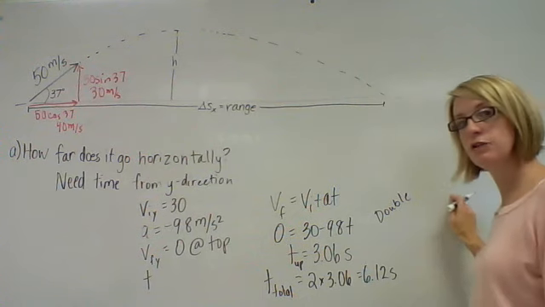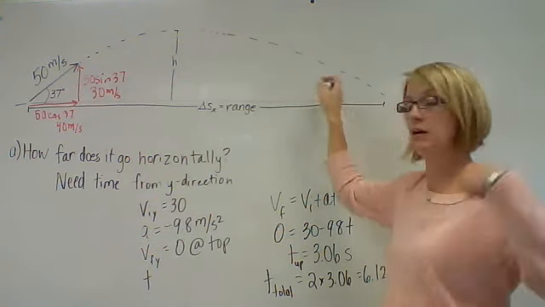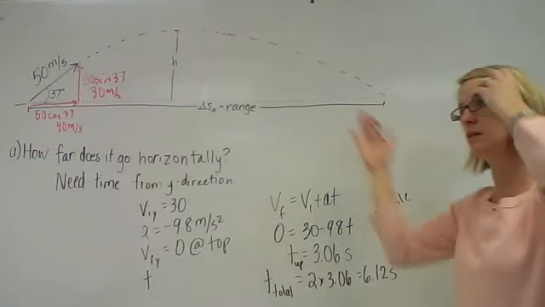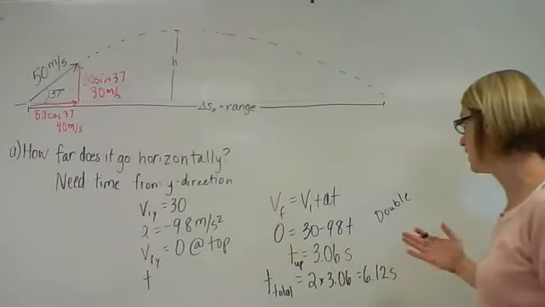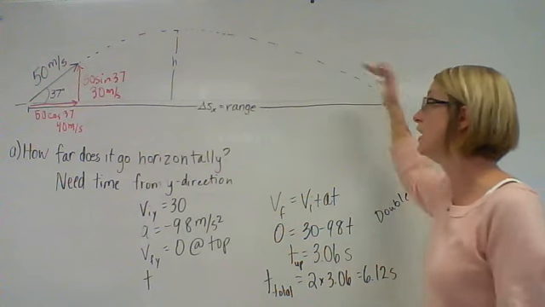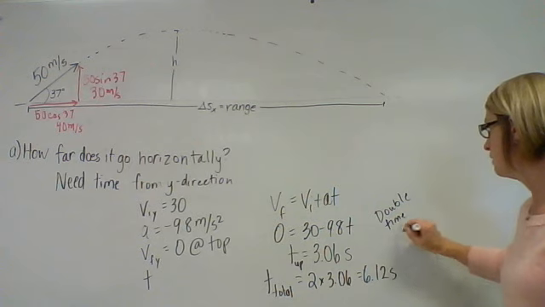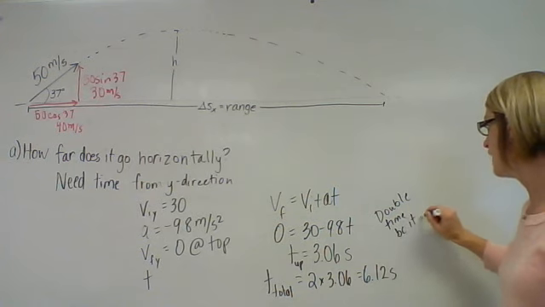If it were going down further at the end, or if it wasn't going as far, then you wouldn't have the symmetrical parabola. You wouldn't have it continuing just as far, so you can't just double it. But in this case, because it's starting and ending at the same height, you know you have perfectly symmetrical, and you can just double your time. Double time because it ends at the same height.